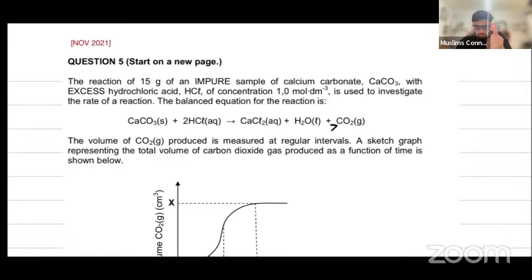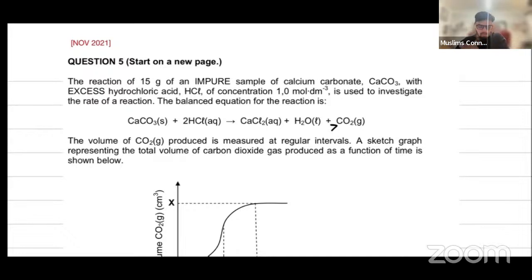Two very important pieces of information, both of which we cannot use in the molar ratio right now, because again, impure sample, not all of it reacts. Some of it is dirt. Excess hydrochloric acid, not all of it reacts. Some is going to be left over in the end. So both of these amounts we can't use right now to do any calculations.